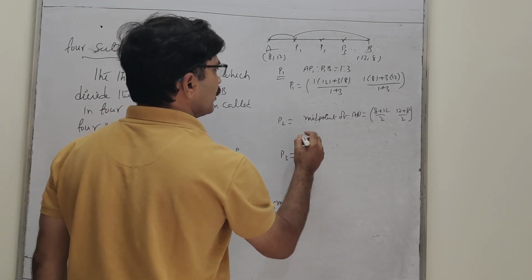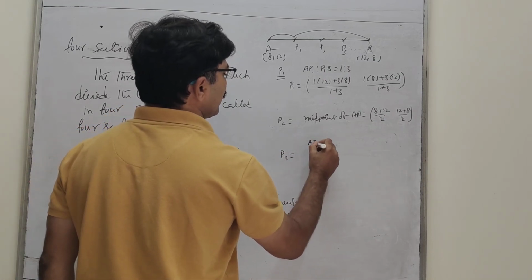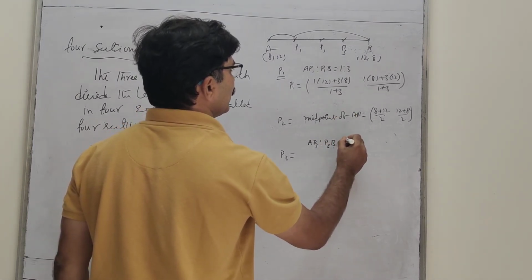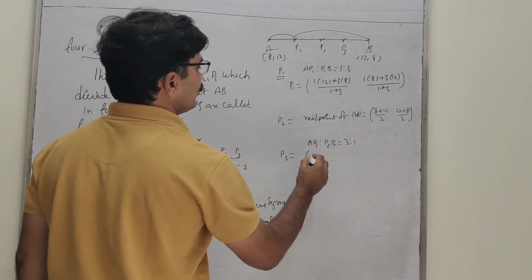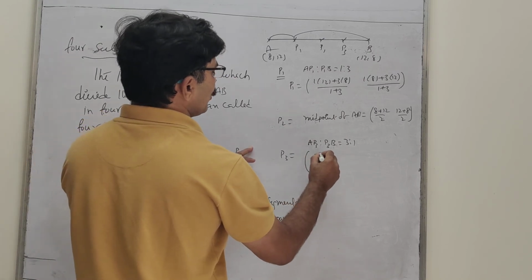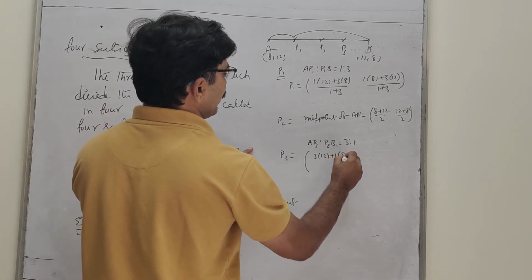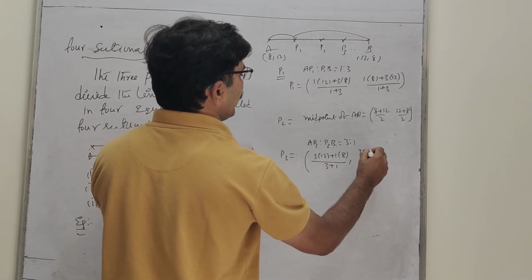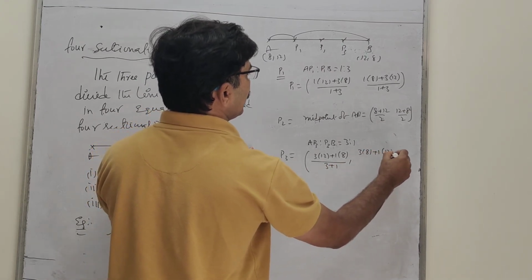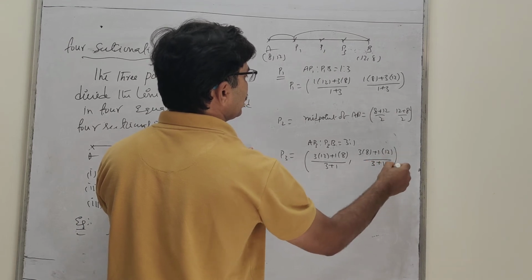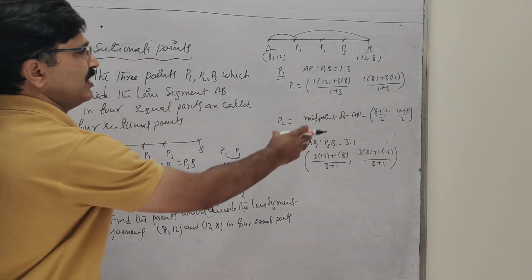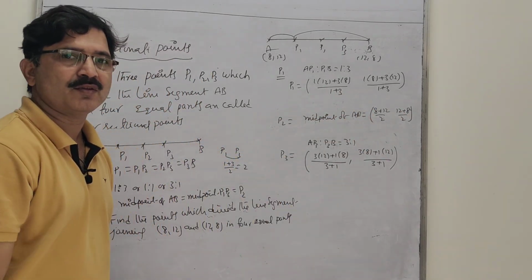Now P3: AP3 to P3B is 3:1. You can write (3 into 12 plus 1 into 8) divided by 3 plus 1, and (3 into 8 plus 1 into 12) divided by 3 plus 1. By simplifying you will get the points.